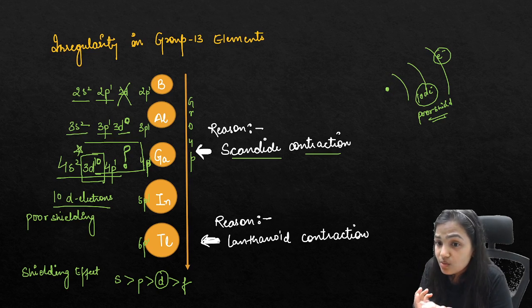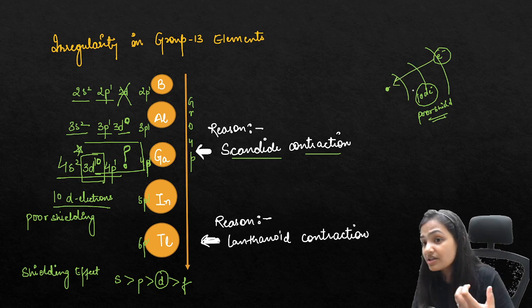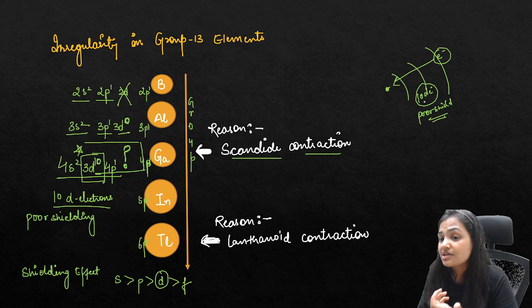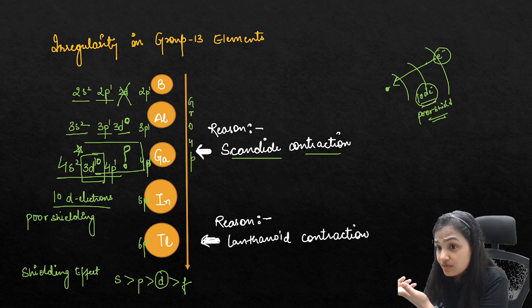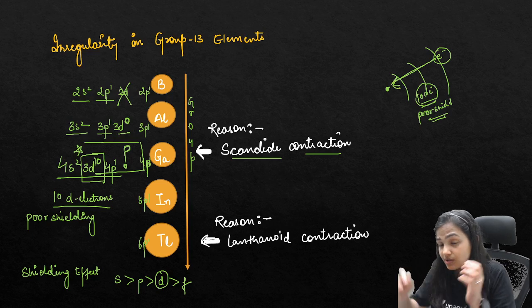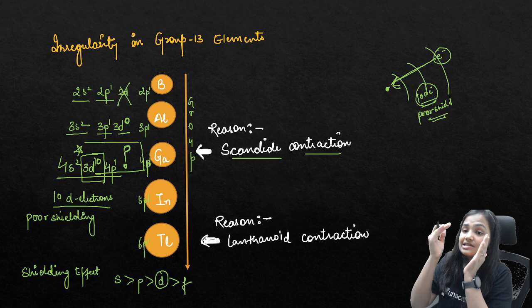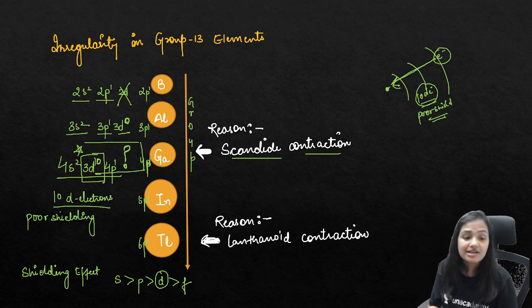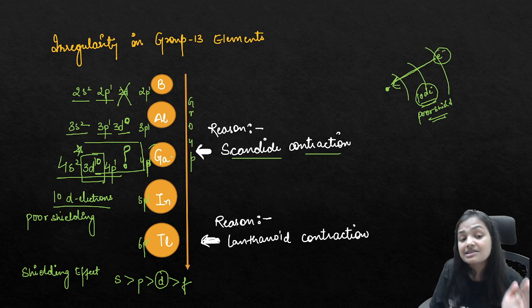The nucleus will attract this electron very strongly. Because of the poor shielding caused by the inner 10 d electrons, the electron gets attracted more strongly by the nucleus and comes closer to it, and therefore the size decreases. This has become the reason why in gallium the size decreases.